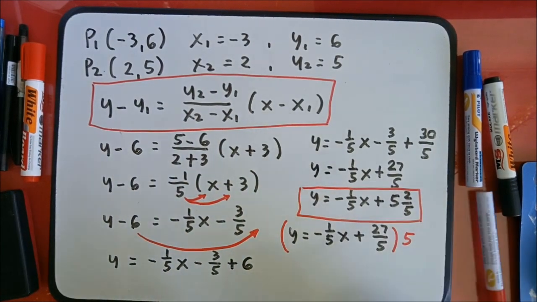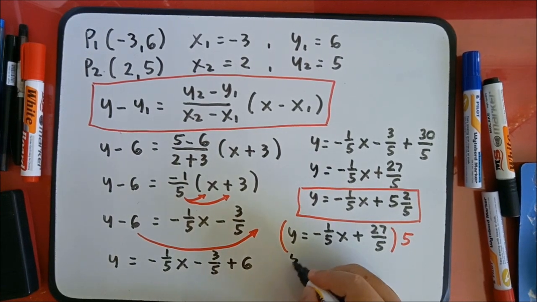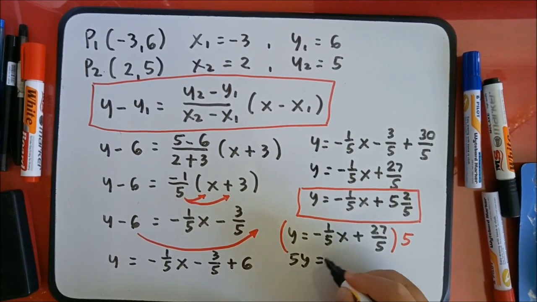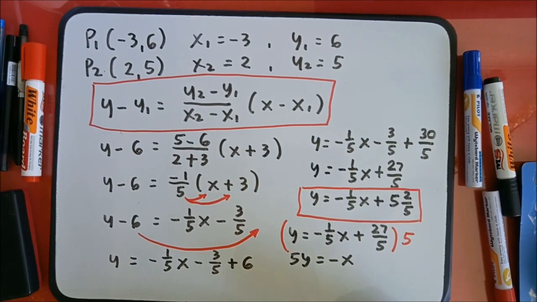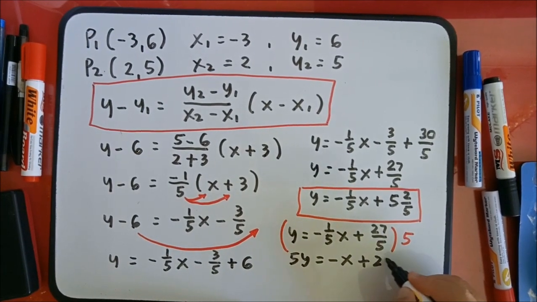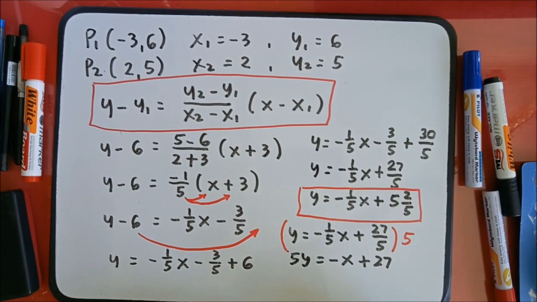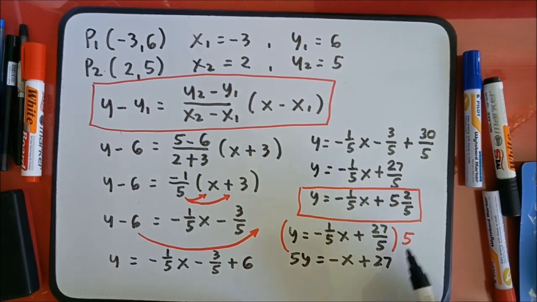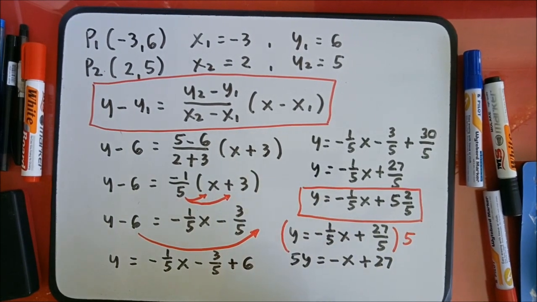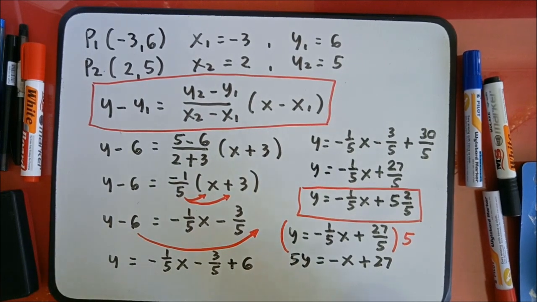So, this will become what? 5 times y is 5y. Okay, negative x na lang ang matira. Then, 27 na lang ang matira. Tama? Okay, mawawala itong 5. Mawawala itong 5. Yun ang purpose kung bakit 5 ang i-multiply natin. Now, gagawin nating standard form.